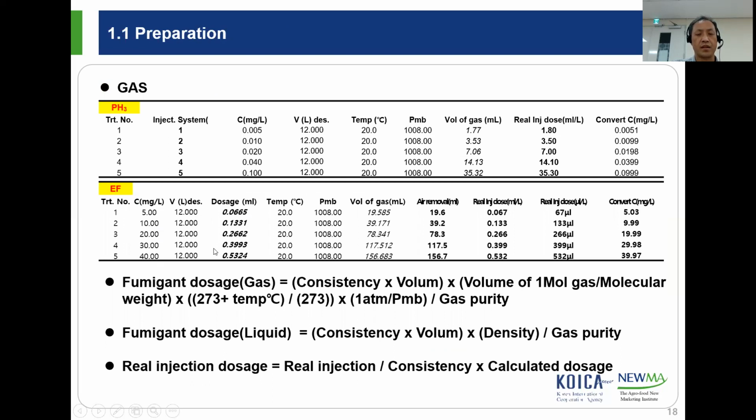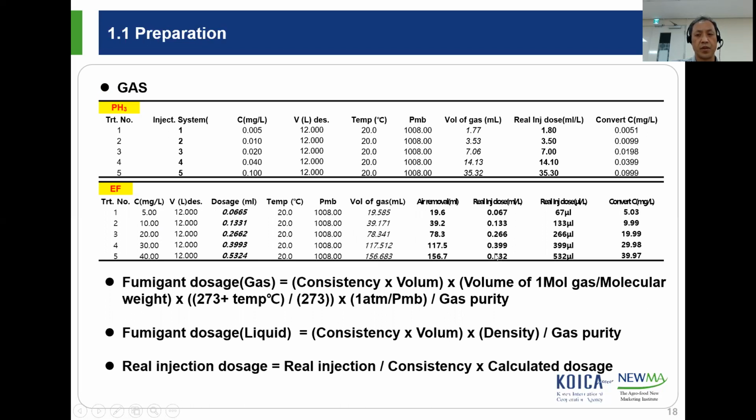This is ethyl formate. As I said, the volume is 45, and then this is the volume of gas. This is the volume of liquid.